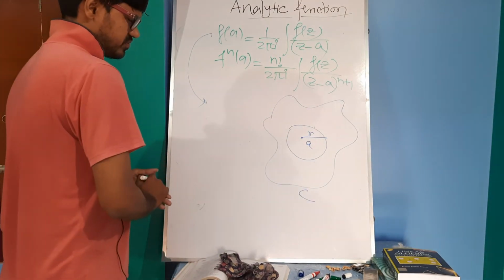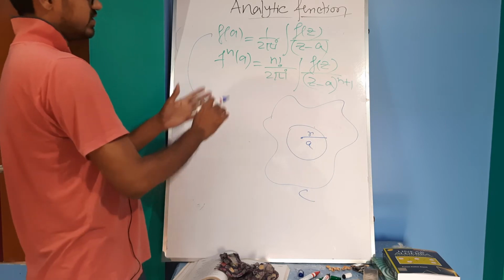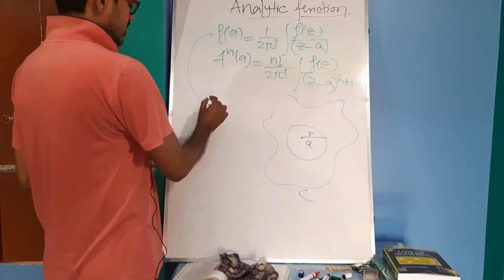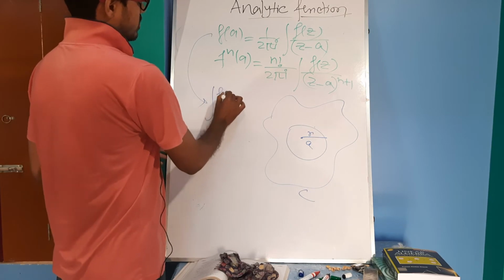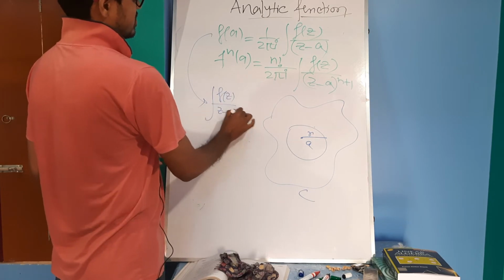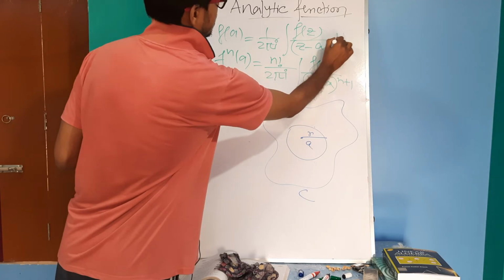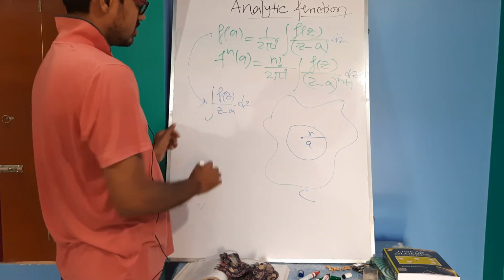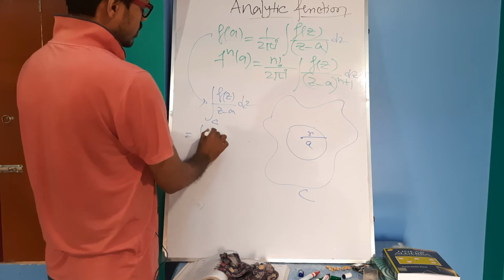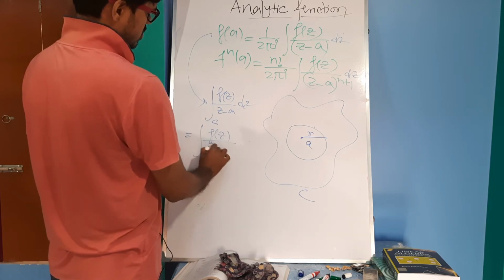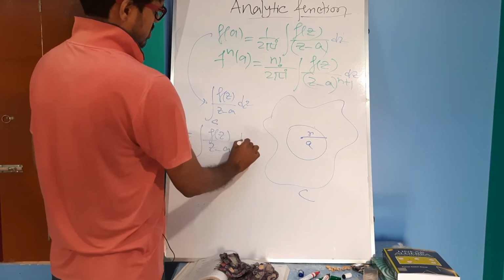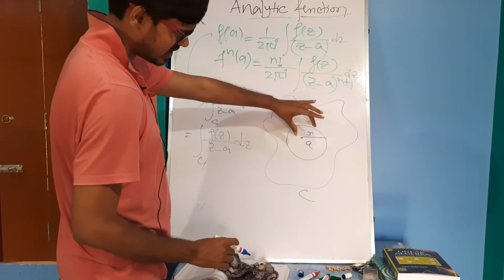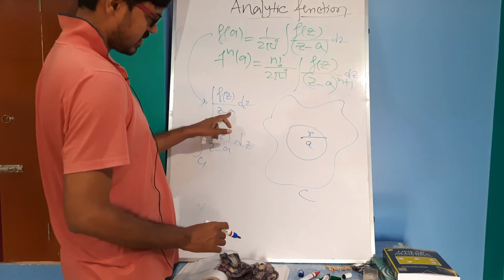Now we can write that integration f of z by z minus a dz over C will be equal to integration over C1, because we have excluded that part z minus a.